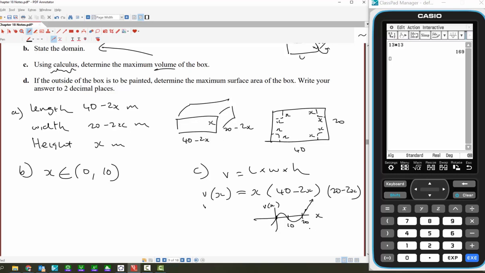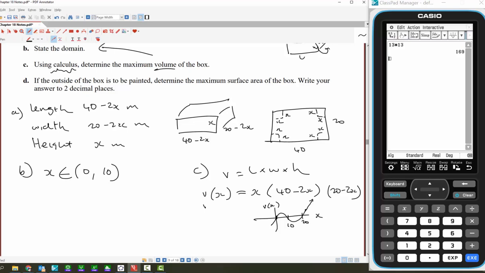Well, this is a good example of why humans are required. Because what we see here is if x is larger than 20, let's have a look at what happens to these side lengths. X, this one here, for sure, can be larger than 20. But if this x goes larger than 20, let's look at, say, 25.